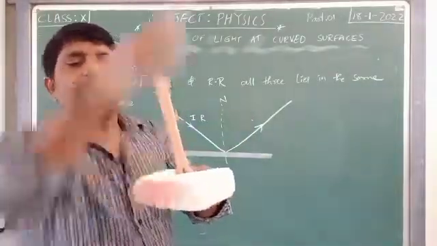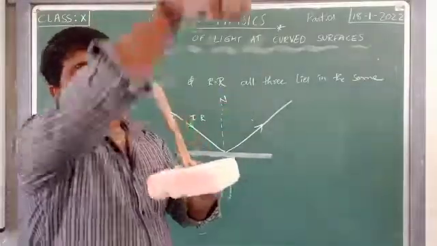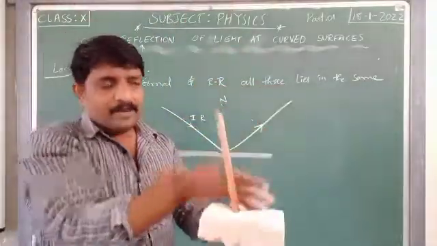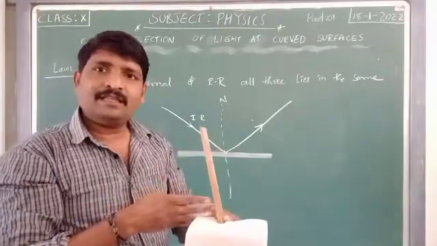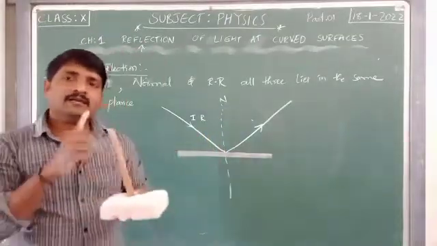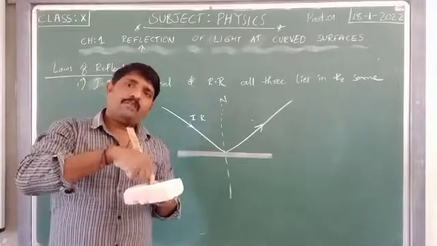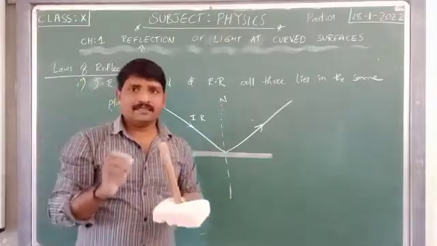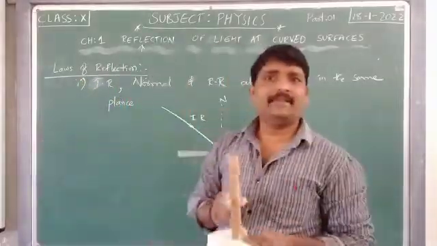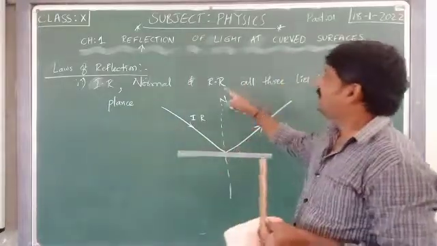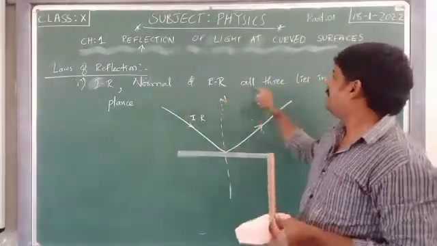It is coming from the same plane. If you keep a paper or imagine a plane here, the incident ray, normal and reflected ray all lie in the same plane.